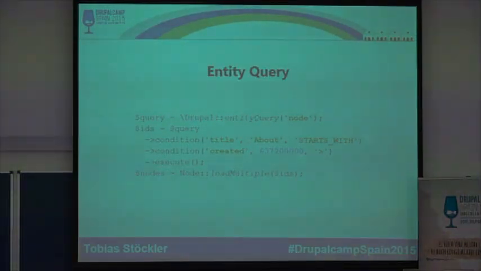And because we're not querying the database directly, we're using this entity query abstraction layer, this works beautifully if you've installed Drupal on MongoDB. There's an entity query Mongo backend. So if you just install Drupal on Mongo, have your nodes stored in Mongo, this will just work. You don't need to change anything. So that's kind of neat.